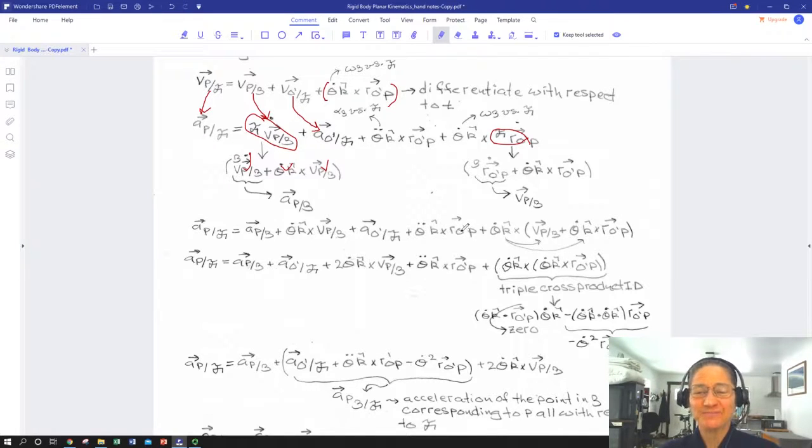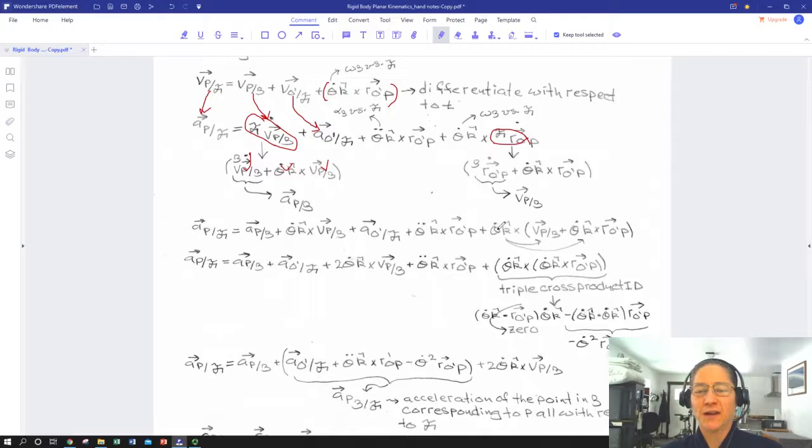plus this long cross product where we've got our angular velocity being crossed into the sum of the velocity of P with respect to reference frame B, which is going to give us another one of these.